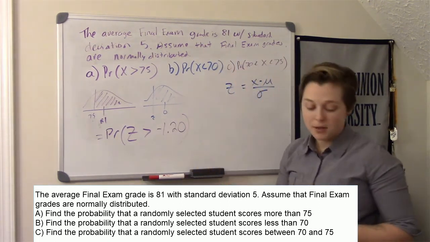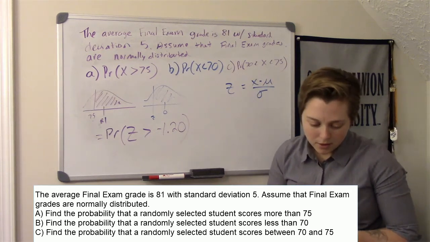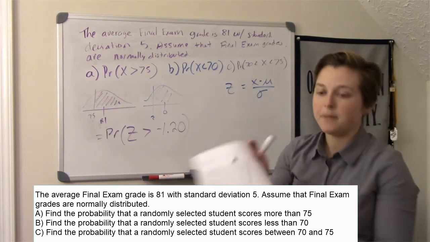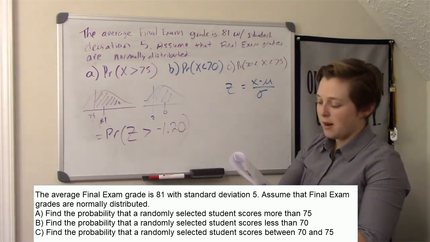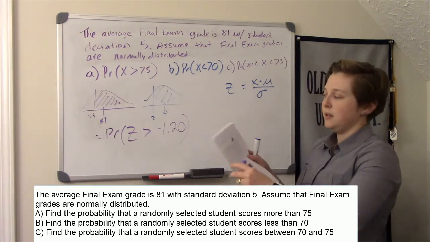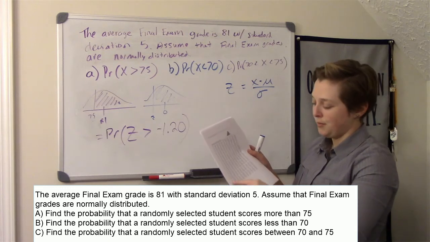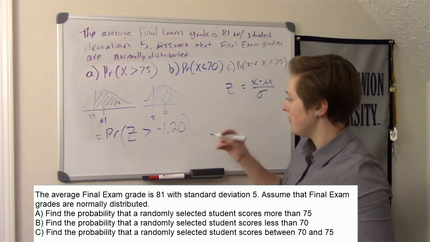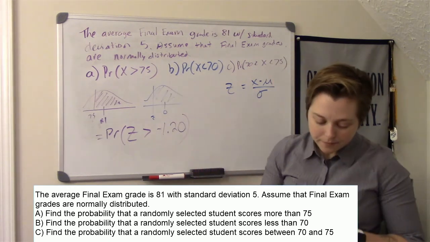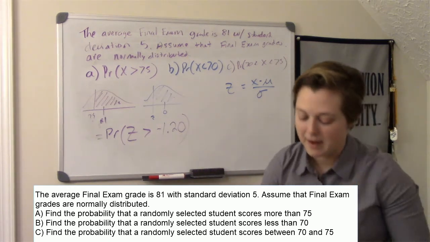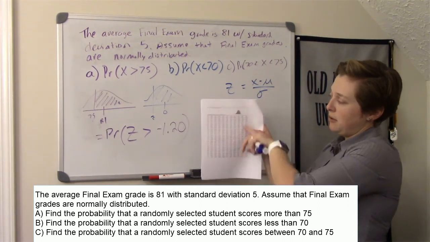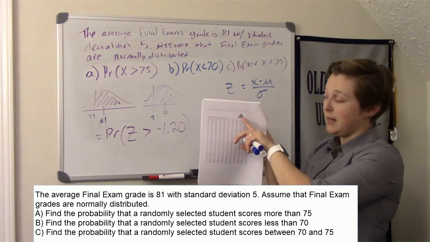Look that up in your table. You should download the table that will be provided on the exam from Blackboard and practice using it. So negative 1.2, look that up. And you know what? That table value is not my answer though, is it? Because remember, this table is a CDF table.